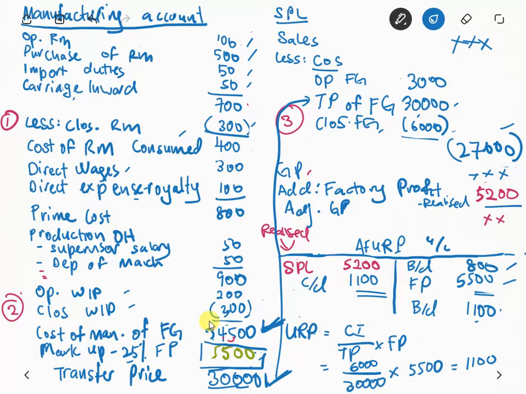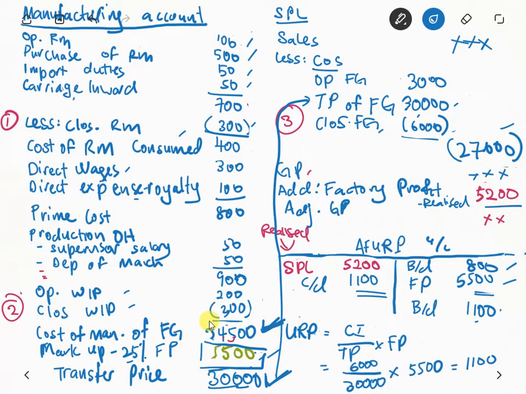Put in factory profit from here, and how to find the closing? Take the closing inventory, divide by transfer price, times factory profit. Out of 30,000 here, which includes profit, 6,000 is unsold. How many percent unsold? We take 6 divided by 30, 20% unsold, 20% unrealized.